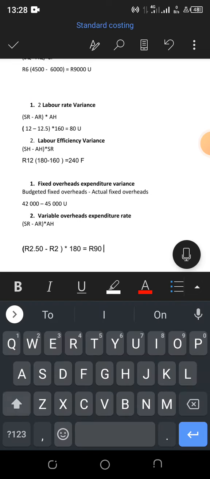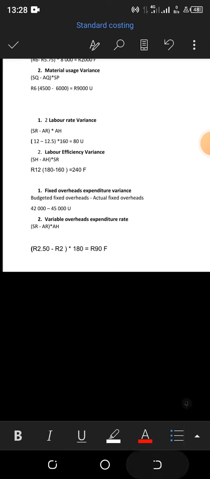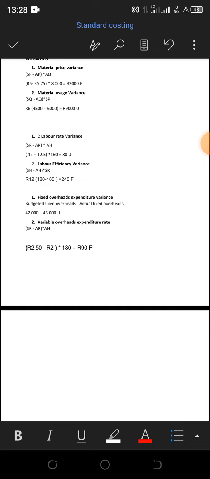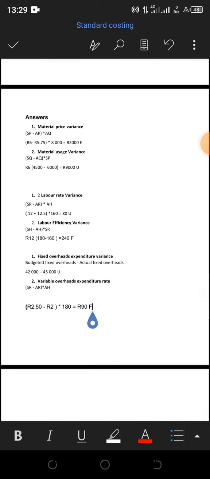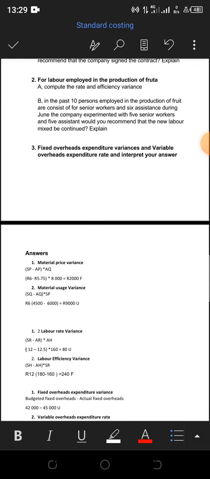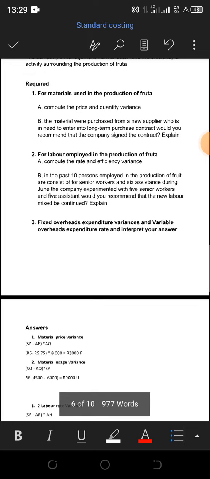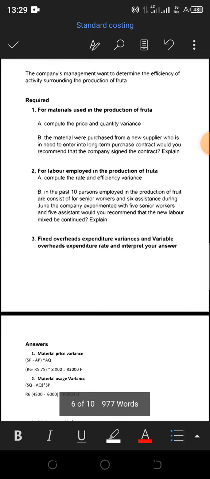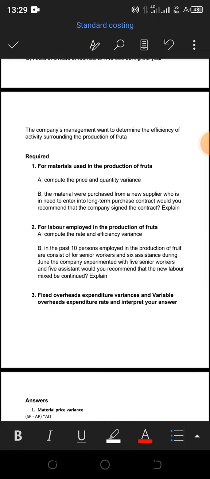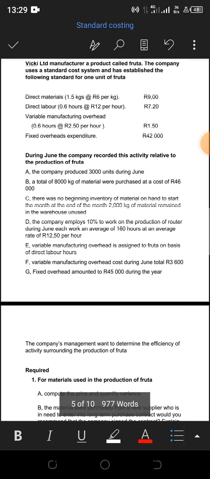Of course, it's favorable, because we actually spent less. This is how you should interpret this question under this topic. So don't only focus on how to calculate and the formulas, you must be able to interpret as well.